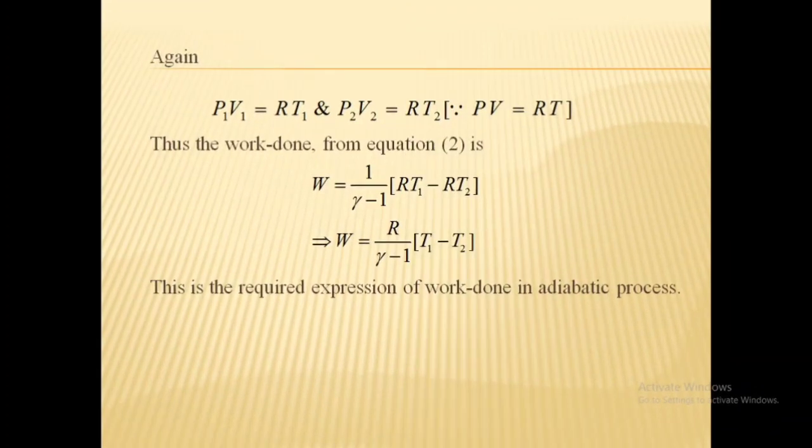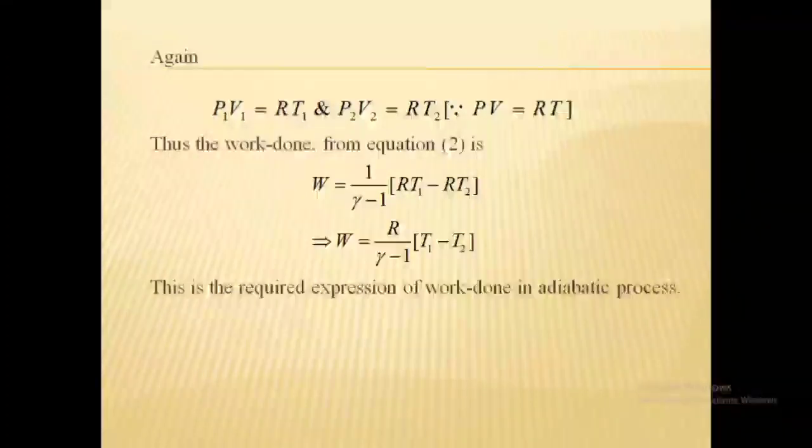Again we know PV equal to RT. That's why we can write P1 V1 equal to RT1 and P2 V2 equal to RT2. Thus, from equation 2, we can write W, the work done, equal to 1 by gamma minus 1 into RT1 minus RT2.